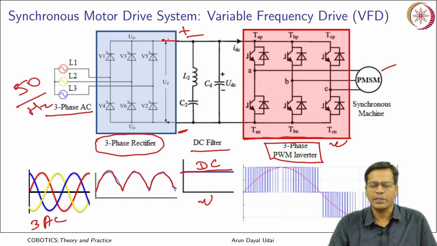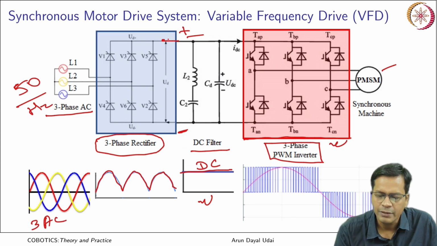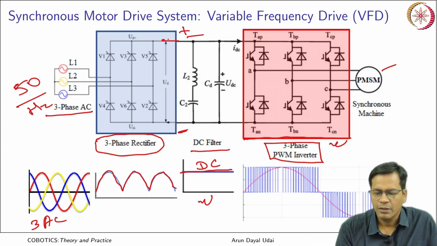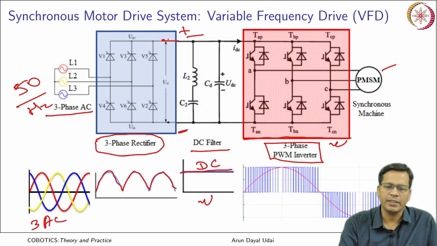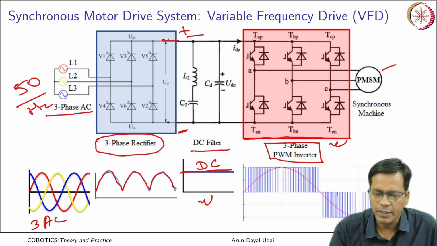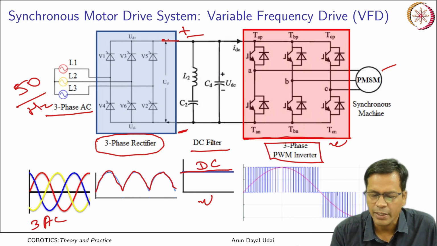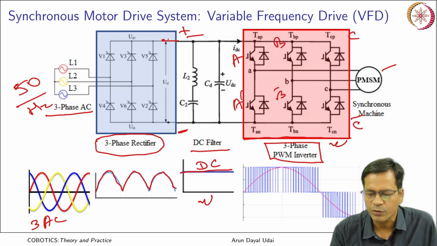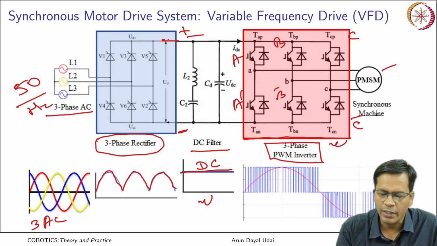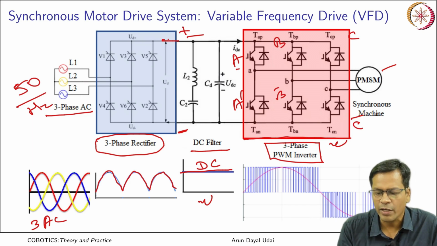What is its role? Basically it again has 3-phase bridges, the way you saw in the case of 3-phase switches. Okay, so you have A, A bar, B, B bar, C and C bar switches. If you switch on A, this wire will go positive.